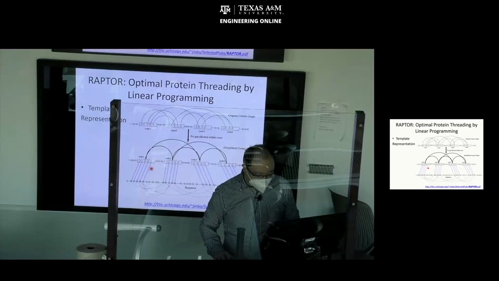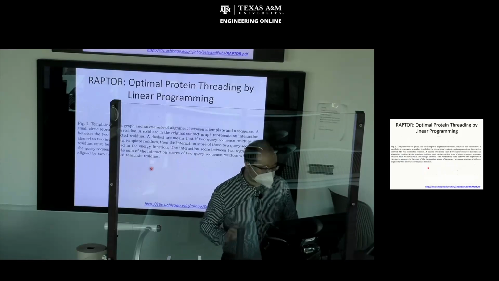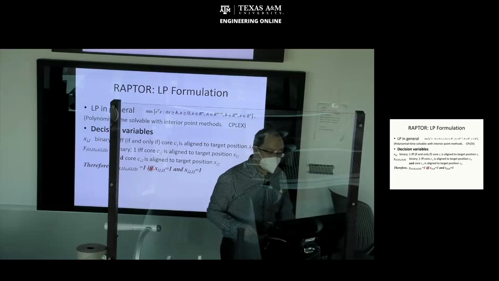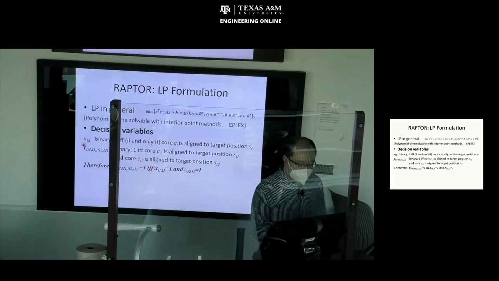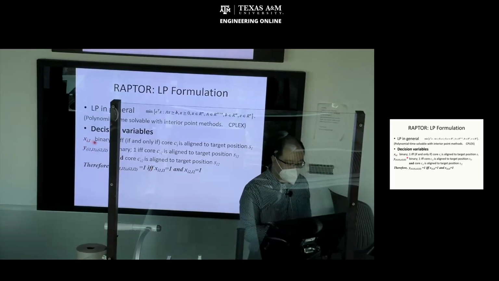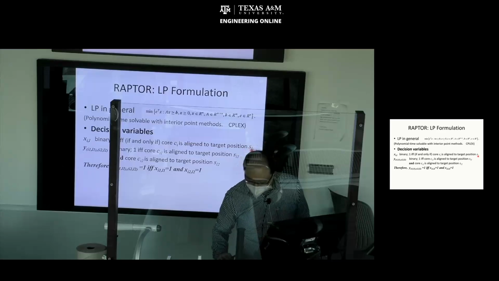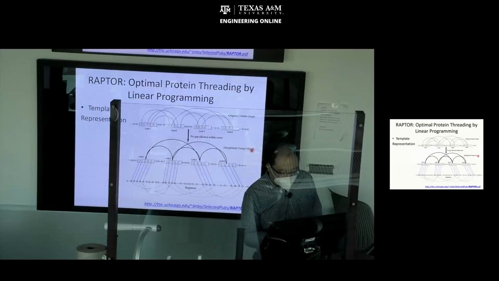Okay, so let's see. Our decision variable x_il is binary. It's 1 if and only if core c_i is aligned to target position l on the query sequence. So, for instance, this is core 1 aligned to position l here.